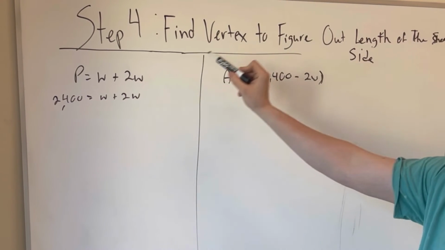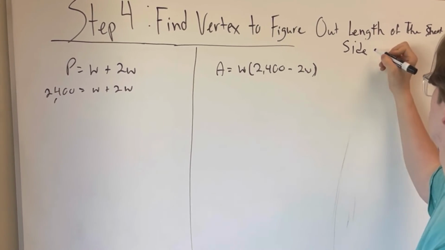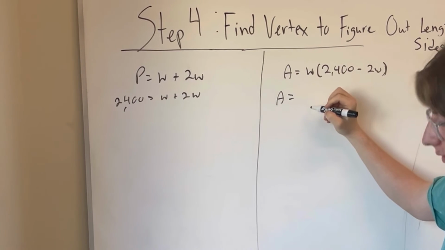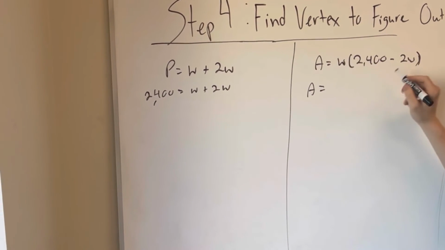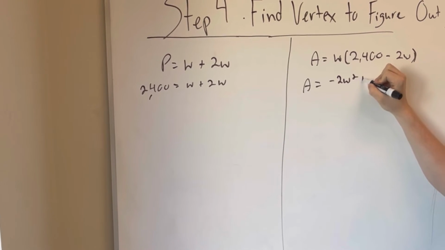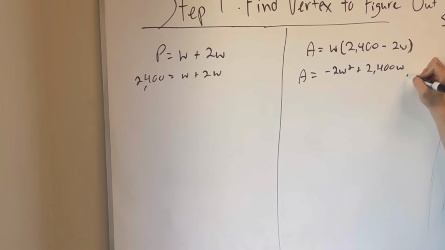So step 4 is find the vertex to figure out the length of the short sides. A is going to equal, when we multiply W by these, negative 2W squared plus 2,400W.